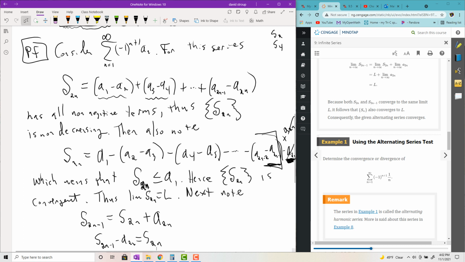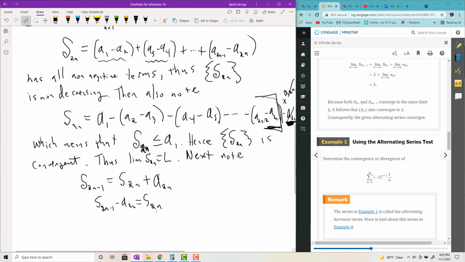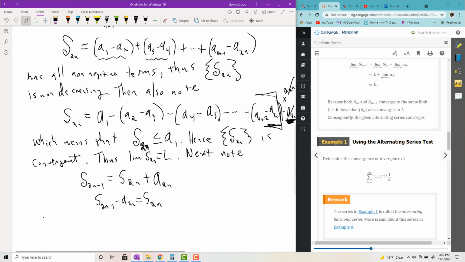And then you could take the limit of that thing on the left there. So note the limit of s sub 2n equals, of course, something. We said L above. And then that should just equal the limit of s sub 2n minus 1 minus a sub 2n, right?